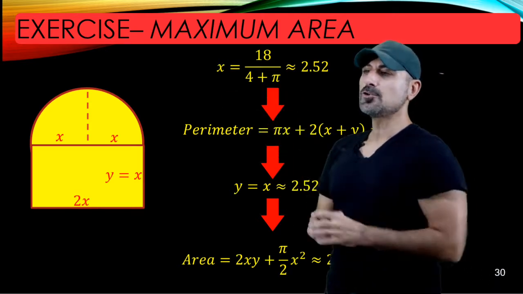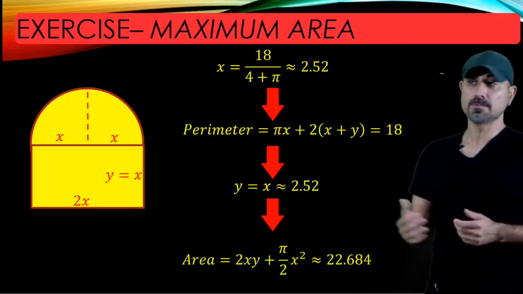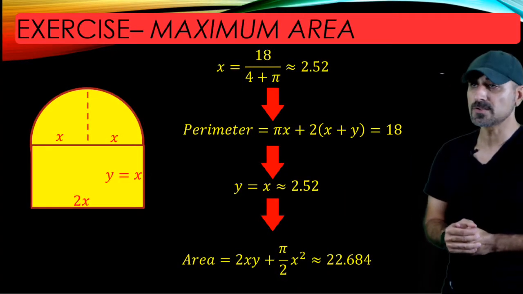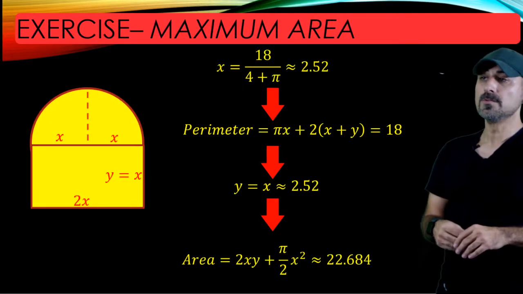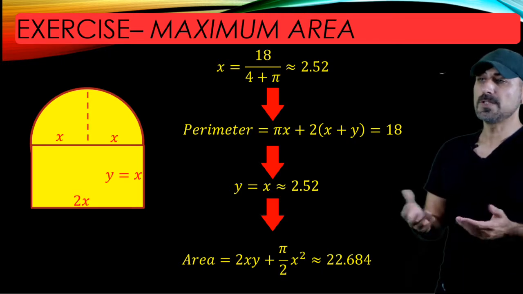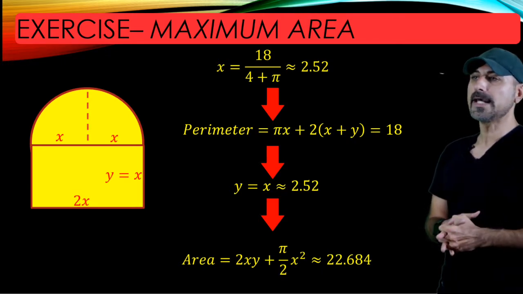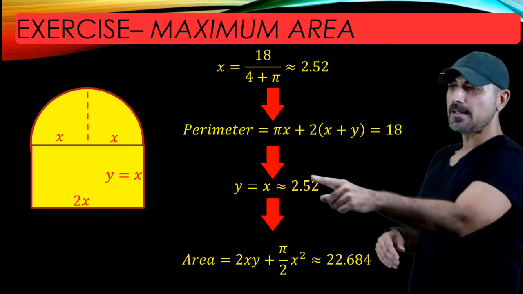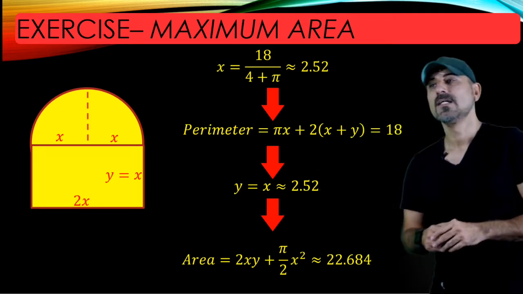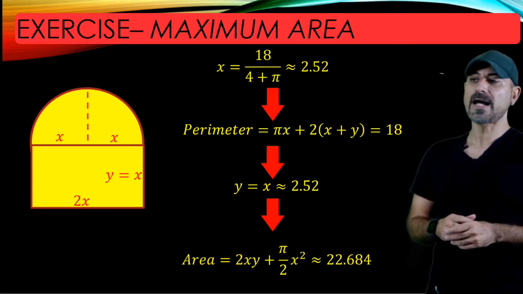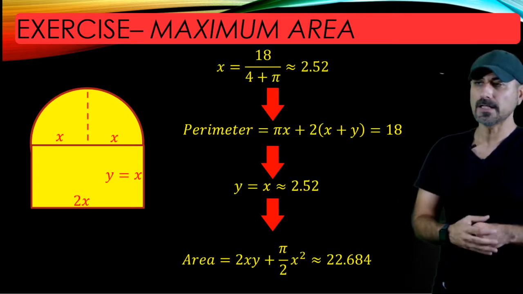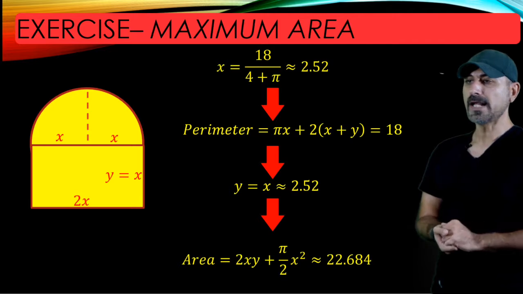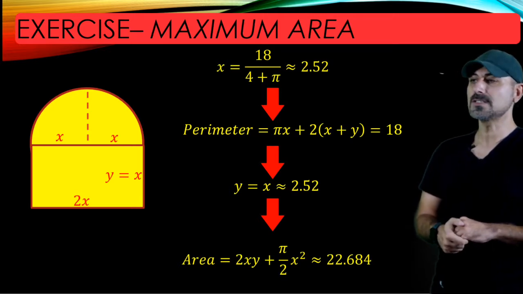Since x is found to be 2.52, the perimeter is fixed, which is pi x plus 2x plus y, and that should be equal to 18. So we plug the x value back into the y equation, and we get y in fact equal to x. That is also 2.52, and the corresponding area, as I showed in the previous graph, is 22.684.